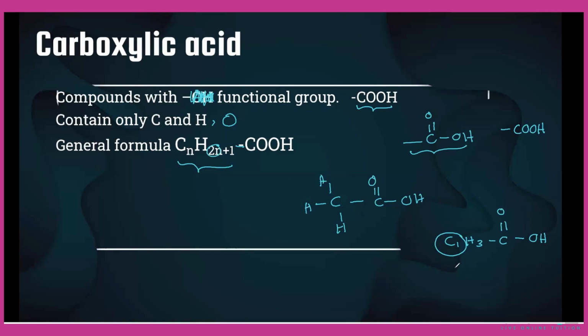So this is methanoic acid. Now as homework, what you can do is pause the video, draw the structure, and check whether it matches the general formula for the carboxylic acid with 4 carbons, which will now be called butanoic acid.